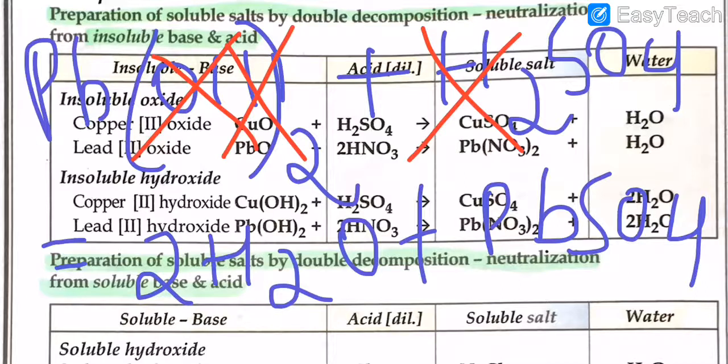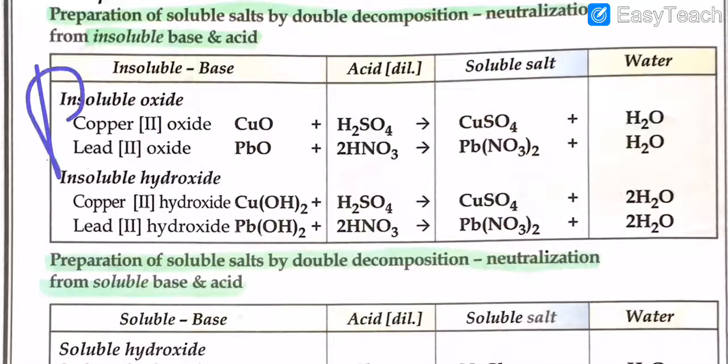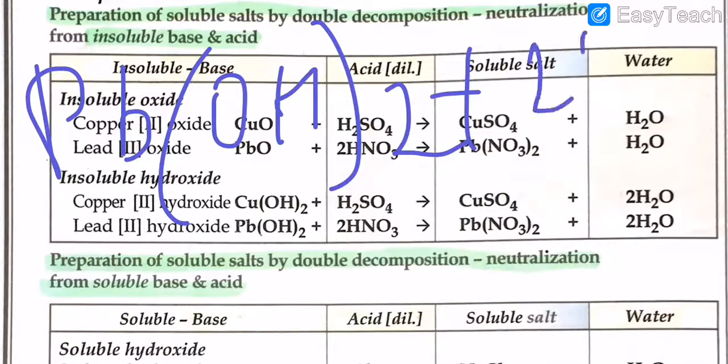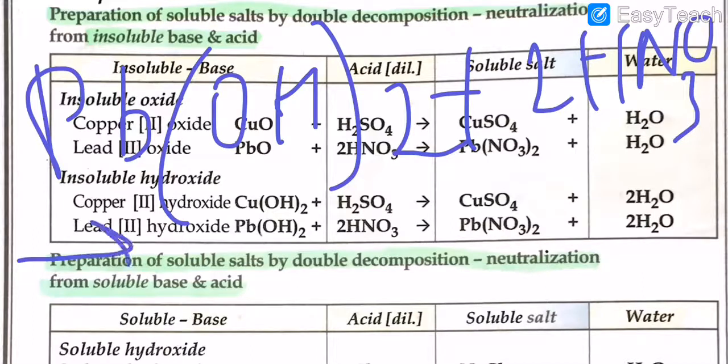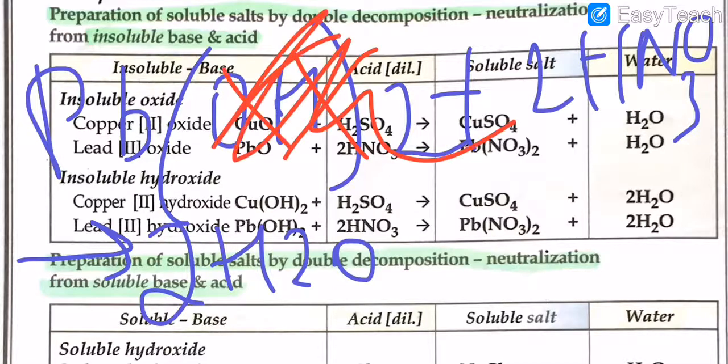Okay, let's take one more example. Pb(OH)2 plus 2HNO3. Very simple again. So we are taking 2H2O again. Therefore, we again cancel this whole thing and this also. Then what do you have left?